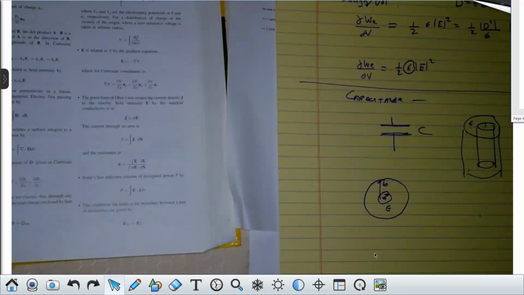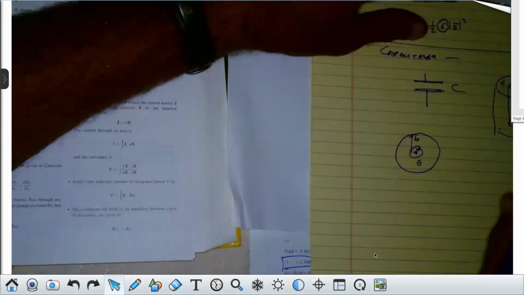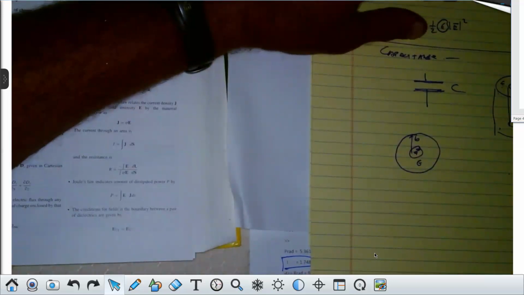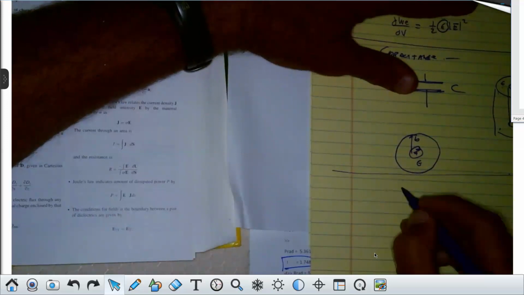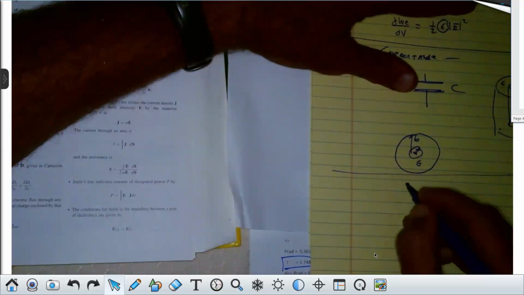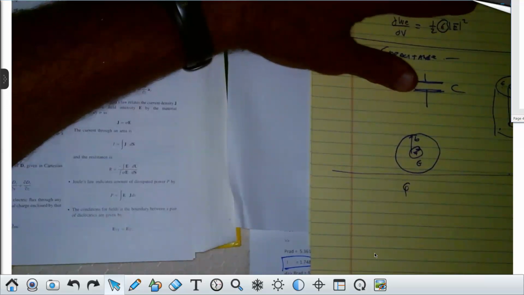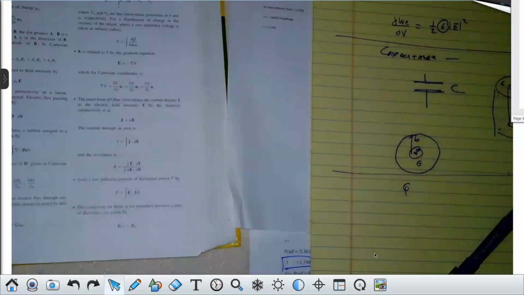Now, the next thing is, well, how do you calculate the capacitance of any geometry? And the way you do it is very similar to the way you calculate resistance. The first thing you assume is usually the charge. You can assume the voltage if you want. You assume the charge. And we're going to do a problem real quick before I let you go. Once you assume the charge, you can get the D field, because these are for highly symmetric shapes.